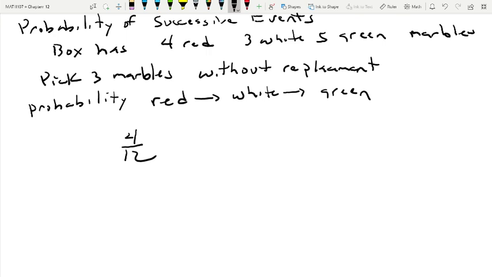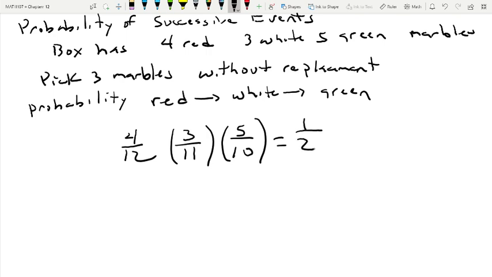Now the white. There's 3 white ones in there, but now there are only 11 marbles in the box. And then lastly, for the green, there's 5 in there, but now there's only 10 in the box. And so if we multiply those together, we get 1 out of 22.